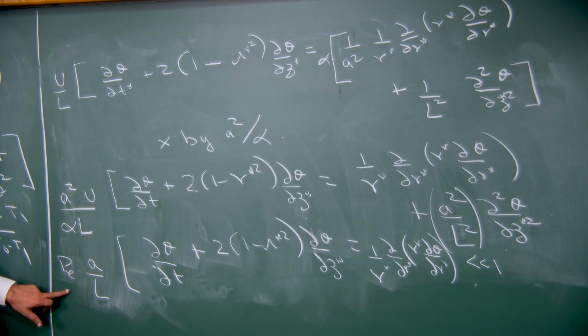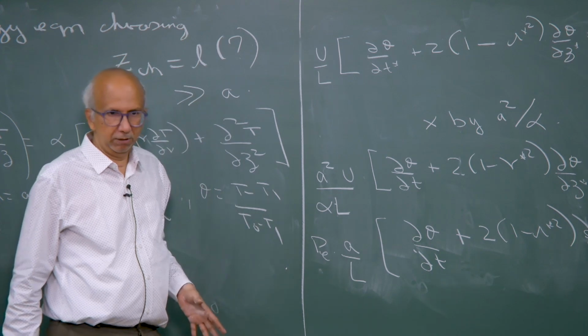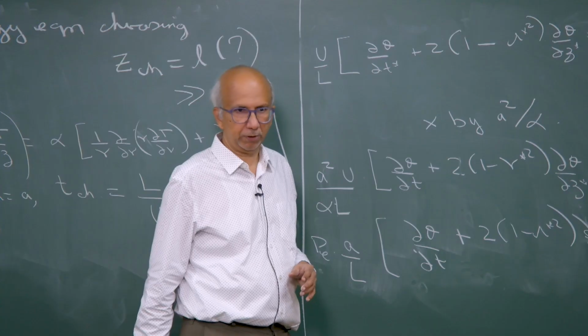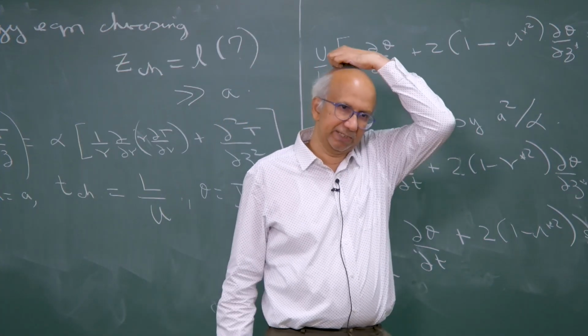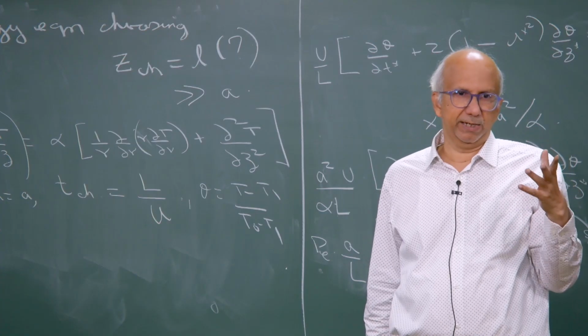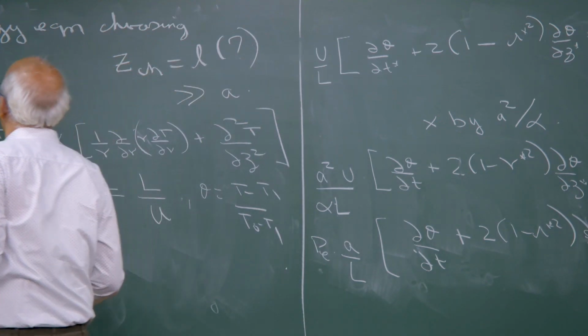Because this is multiplying Peclet number, which is large. So, Peclet number into A by L is of sufficient order for me to retain it here, that is the argument. So, this business of scaling it in a different way is helping me do this analysis of neglecting the axial conduction relative to the radial conduction.